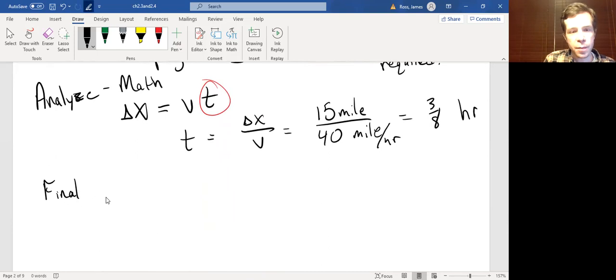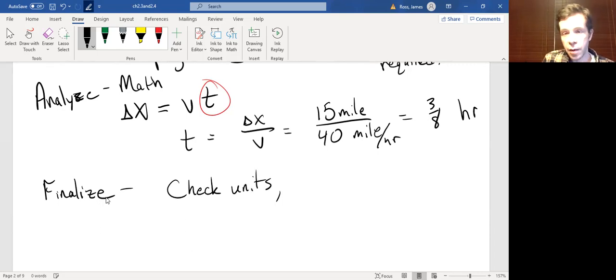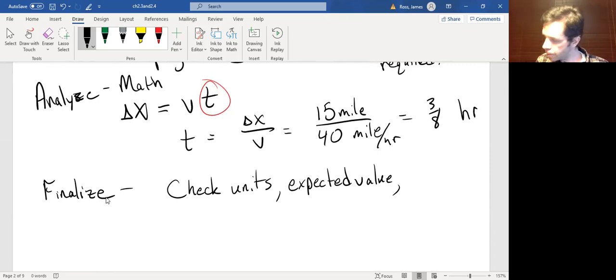And the text draws a lot into finalize here. Not only are we asking you to check your units and check it against your expected value, and ask, does it make sense? Right, those are what you would normally do at the end of any problem, right? We expected it to be a fraction of an hour. We ended up with 3/8 of an hour.